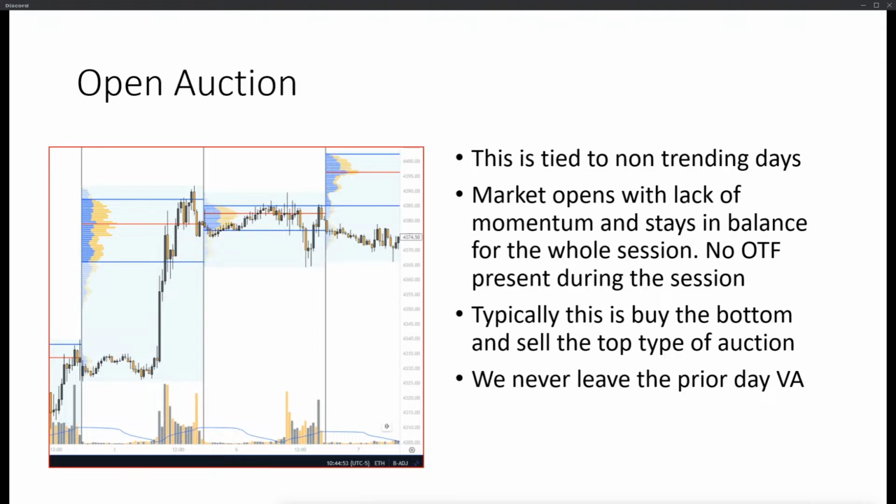So to trade this, when we have open auction, does that mean the first 30 minutes we just have to wait and see? Like, say we enter at the IB low or previous day's value area low, and then put a stop loss and see how it goes, because it's usually developing.